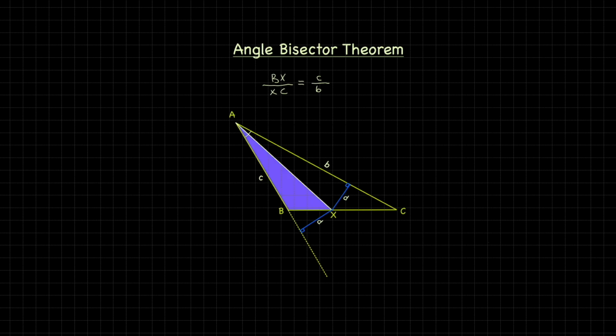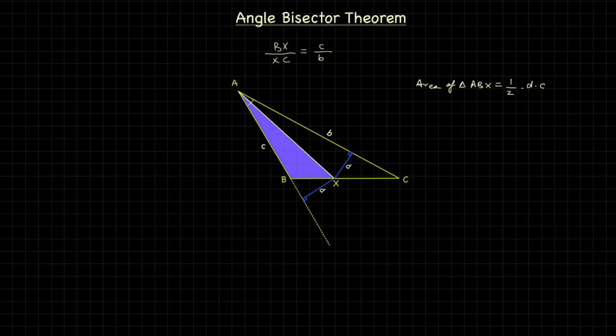Now let's look at the highlighted triangle ABX. The area of triangle ABX can be calculated as half times base times height. Here, if we assume that AB is the base, the height will be D, so the area is half times D times length of AB, which is C. Again, D is the height and C is the base length, assuming AB is the base.